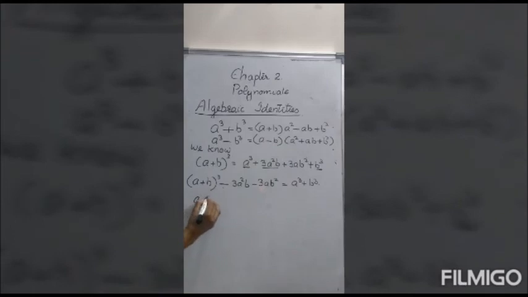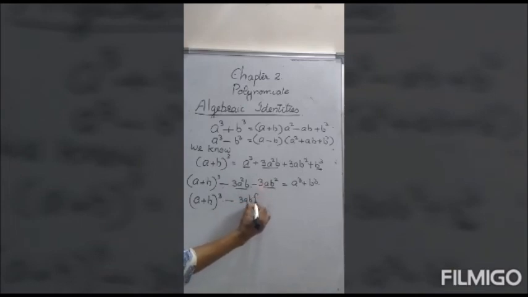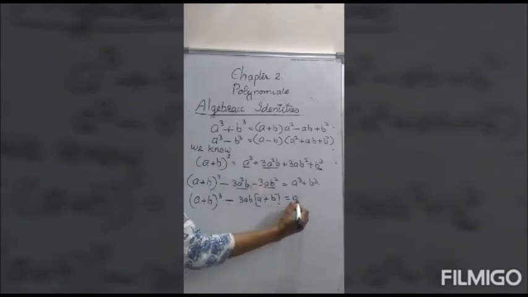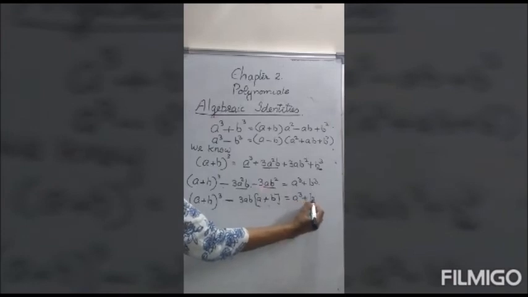Now (a + b) whole cube minus, taking common from these two terms, 3ab is common. So it gives a here, and plus because we are taking minus outside, so a and here it is plus b, equal to a cube + b cube.